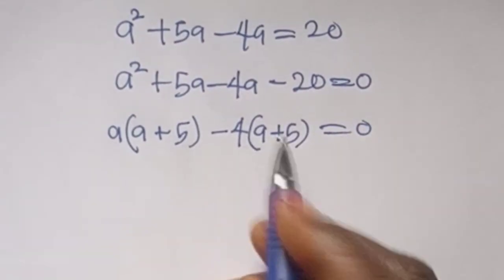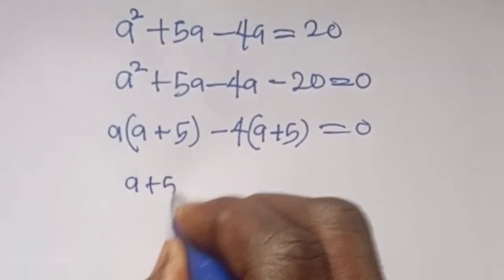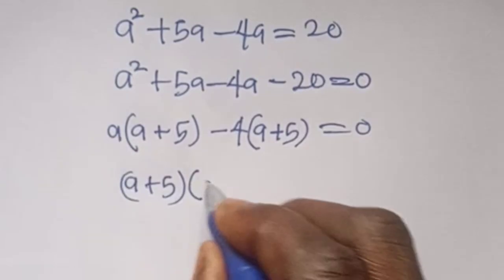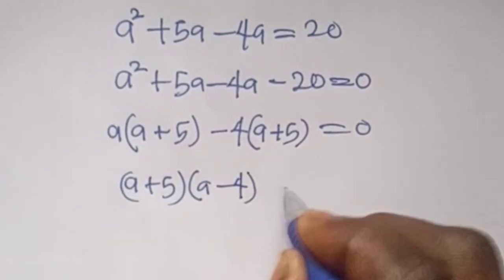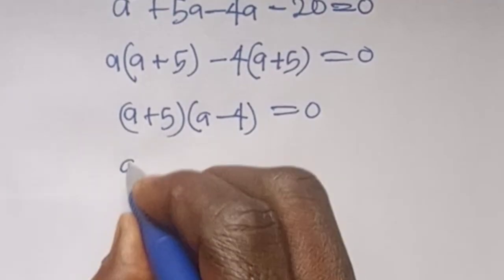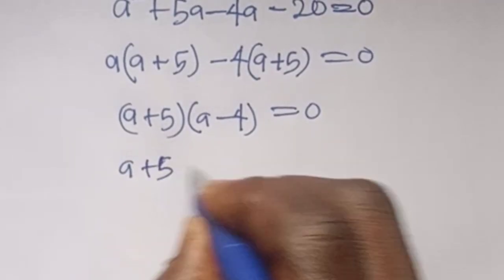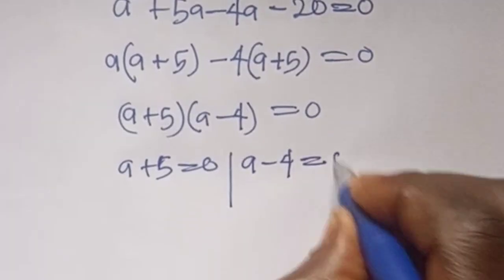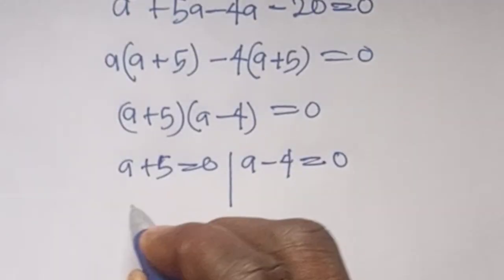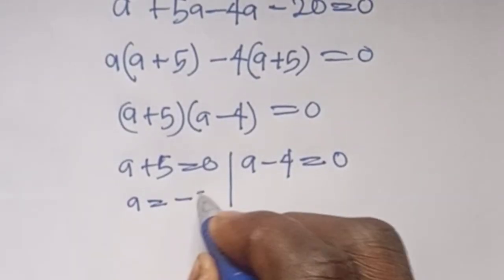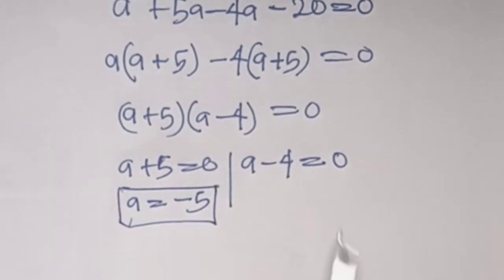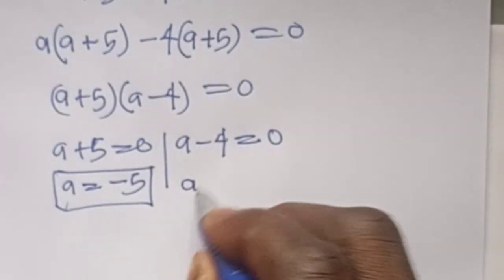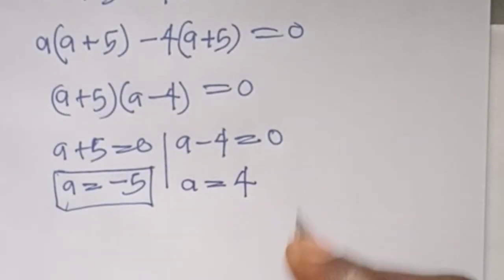Since a plus 5 is common, we're going to write a plus 5, and what is left here is a minus 4, all equal to 0. So that either a plus 5 is equal to 0 or a minus 4 is equal to 0. And from here, a is equal to minus 5. And also a here is equal to 4.